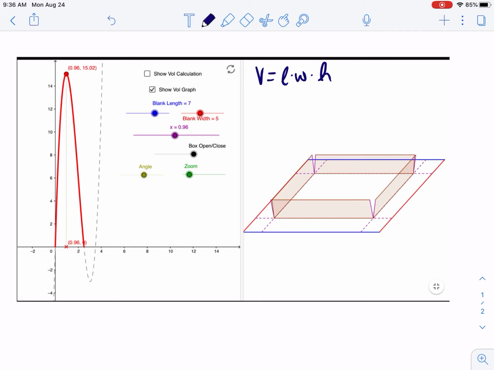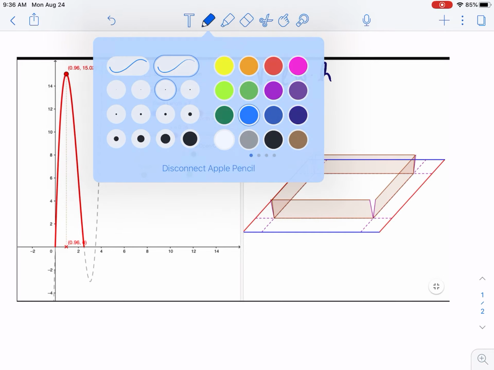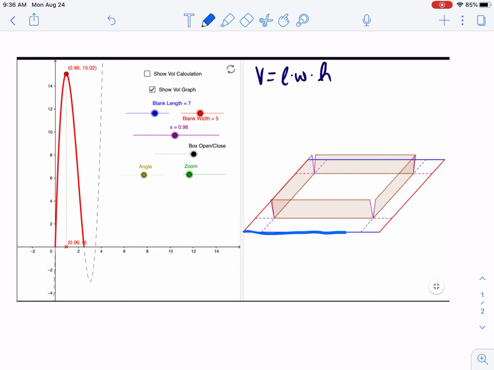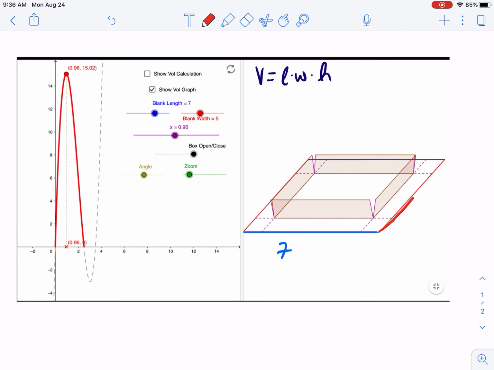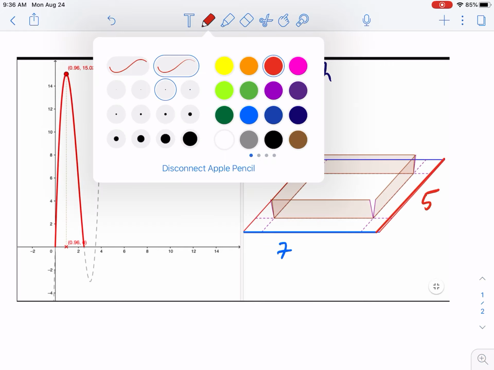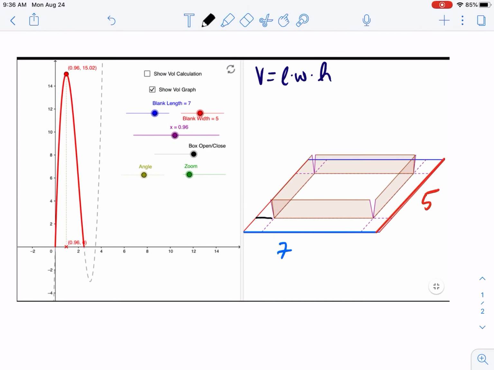So when you look here, you can see in blue, we had this original length, which was 7. In red, we had this original width, which was 5. But we cut out these portions here.